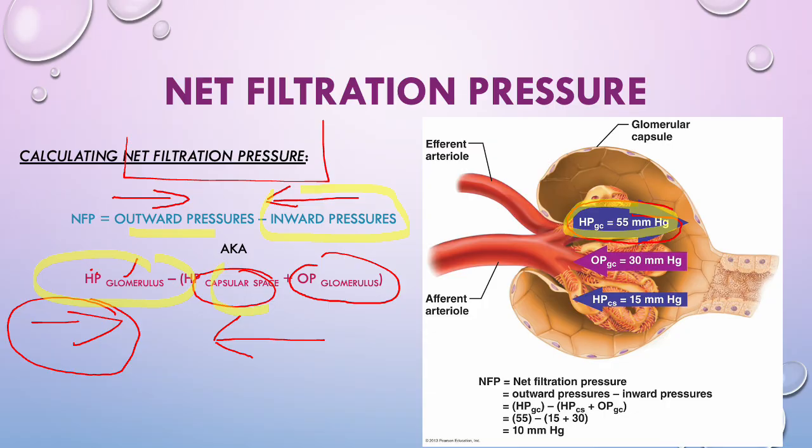And these are the capsular space pressure and the glomerular osmotic pressure, trying to bring stuff back into the capillaries, okay? Of the three, the hydrostatic pressure is the one that is going to triumph all the time because it's stronger. Path of least resistance. If you do the math here, we can say that 30 plus 15 is 45, but this pressure over here, which is the hydrostatic pressure of the glomerulus, is stronger at 55, okay?